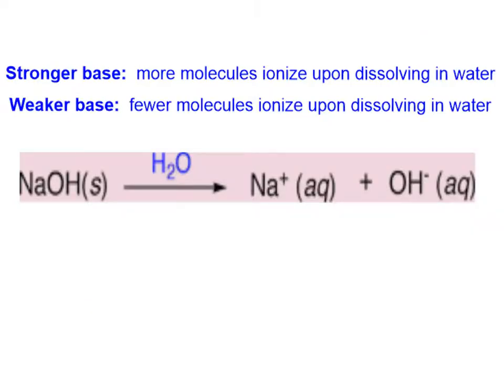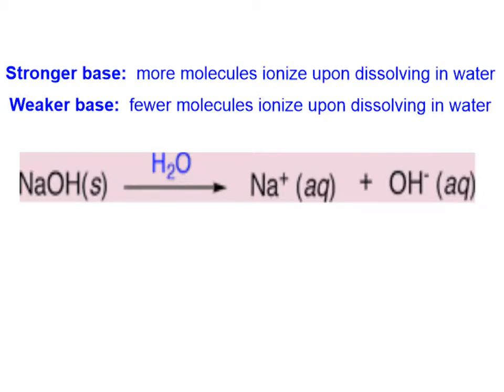Now the same is true for a base. A really strong base will have more molecules that ionize upon dissolving in water. Sodium hydroxide, for example, when we dissolve it in water, is going to form nearly entirely its respective ions. It's going to dissociate to a very, very large degree because it's a strong base.